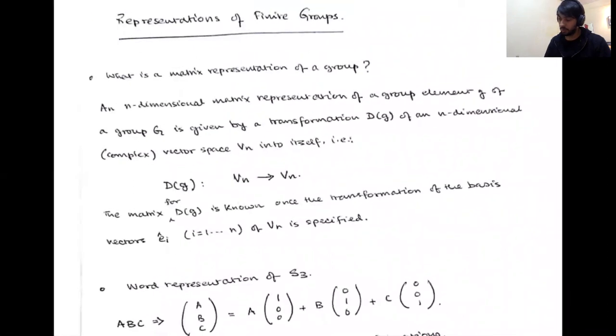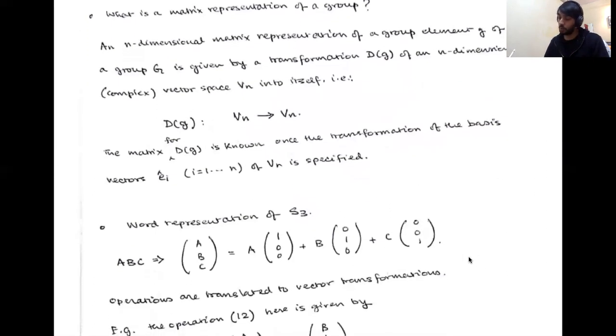Then we went to speak about matrix representations of a group. I told you that an n-dimensional matrix representation of a group gives the representation of an element of the group G by a transformation dg of this n-dimensional complex vector space onto itself.